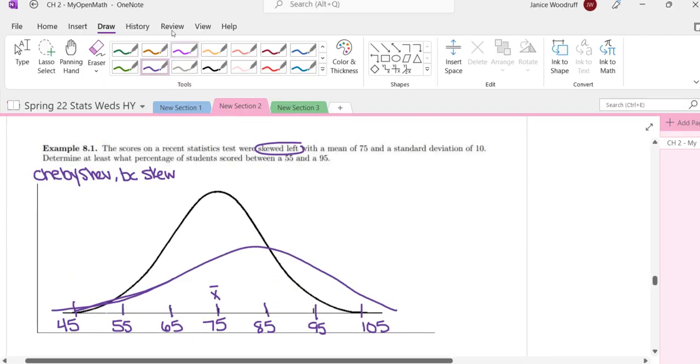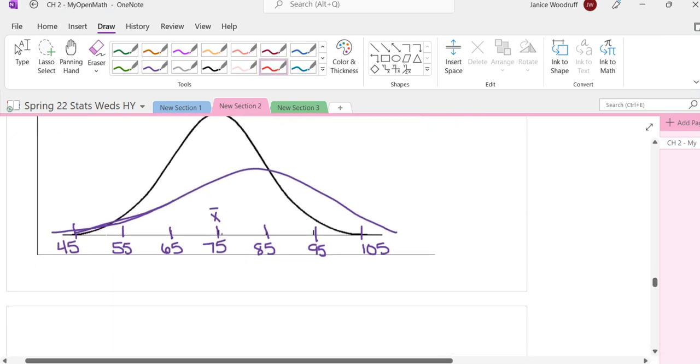So really what's happening is we're looking at this mean, X bar, and then this is plus 1, 2, 3 standard deviations, and this is minus 1, 2, and 3 standard deviations.